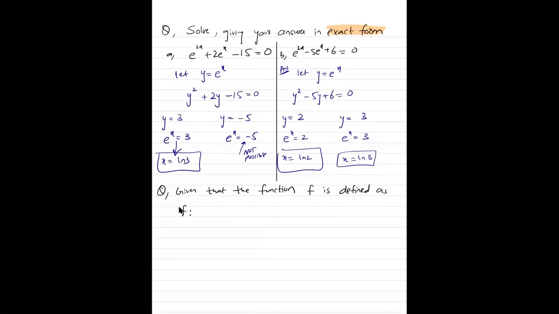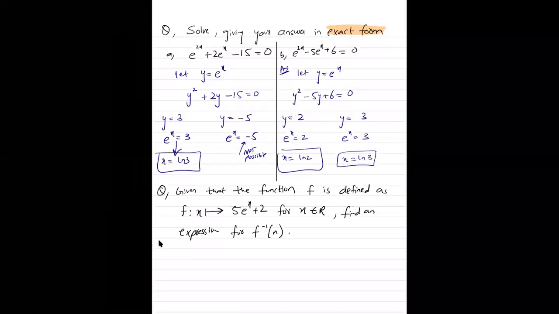The only difference is that this time it's going to be an exponential function, for x belonging to all real values, and you need to find an expression for f inverse. Apply the same logic and find me the inverse. Do you remember how you solve for an inverse function?